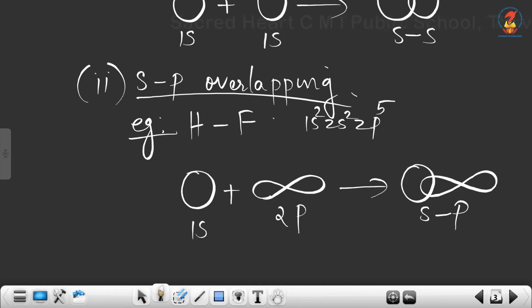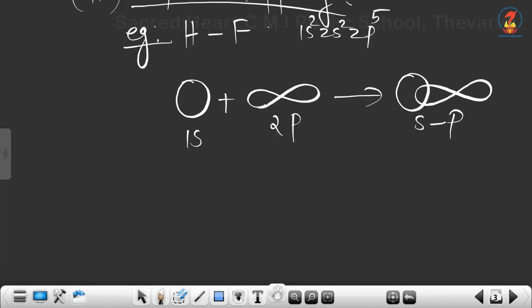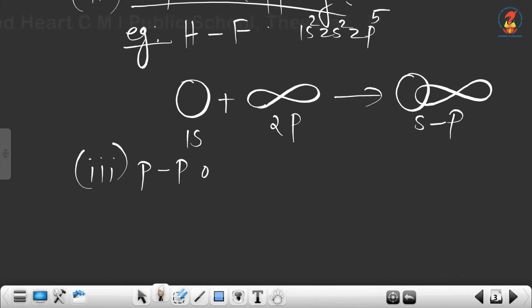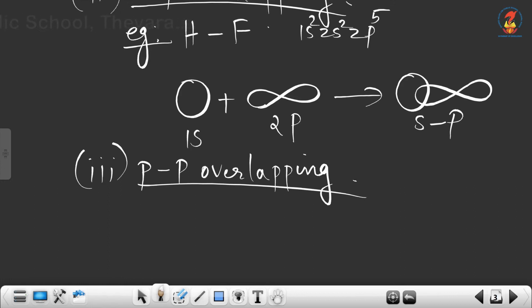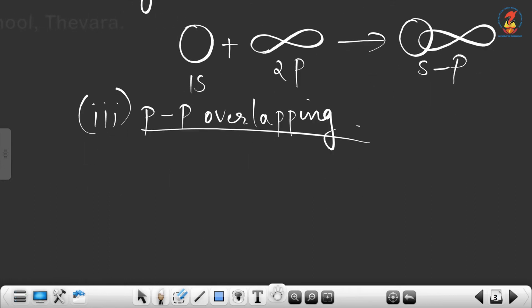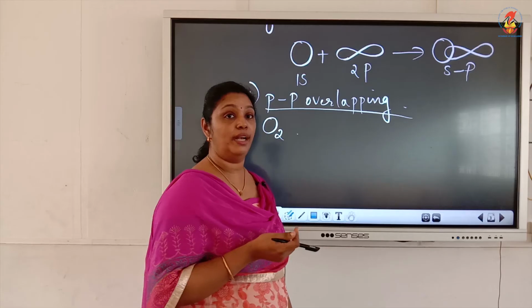Now the third type of overlapping is pp overlapping, and an example for pp overlapping is the O2 molecule. In oxygen we have two half-filled p orbitals. So, what do you mean by pp overlapping?